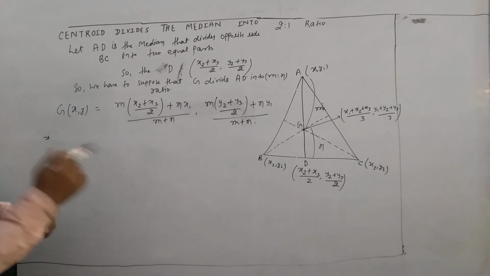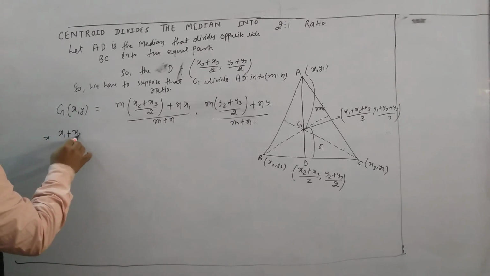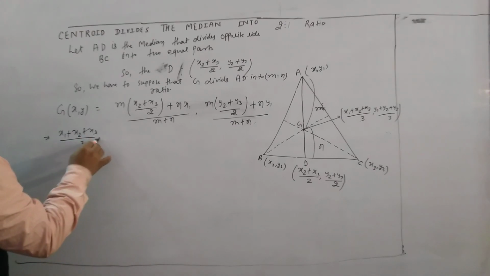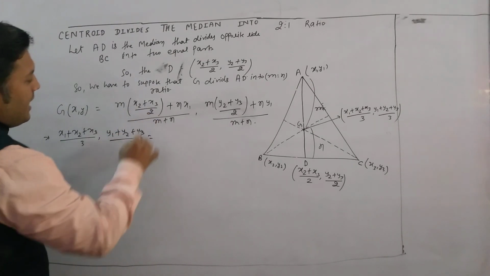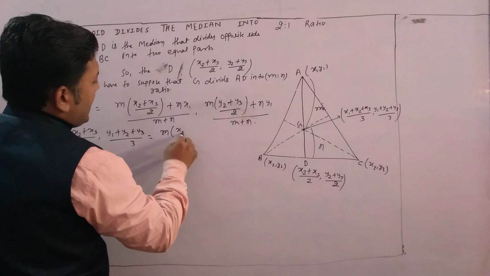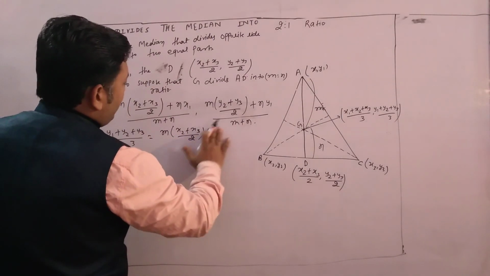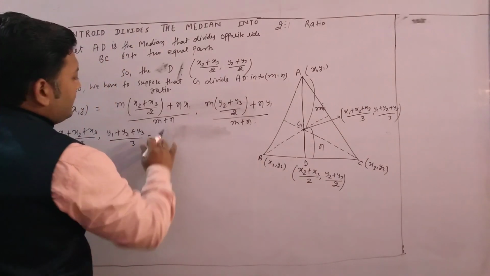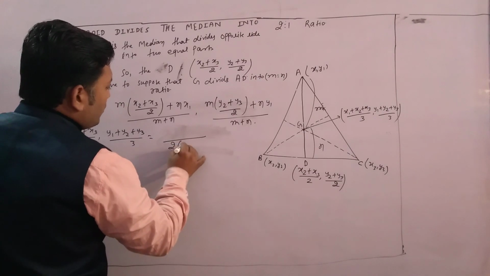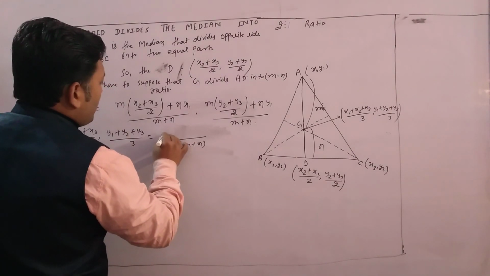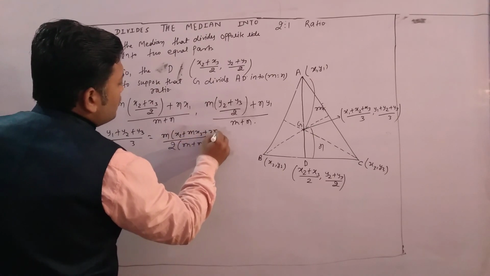And here we have to know about the coordinate of centroid is x1 plus x2 plus x3 by 3, y1 plus y2 plus y3 by 3, equal to m x2 plus x3 by 2 plus nx1, 2 into m plus n equal to m x2 plus m x3 plus 2n x1.